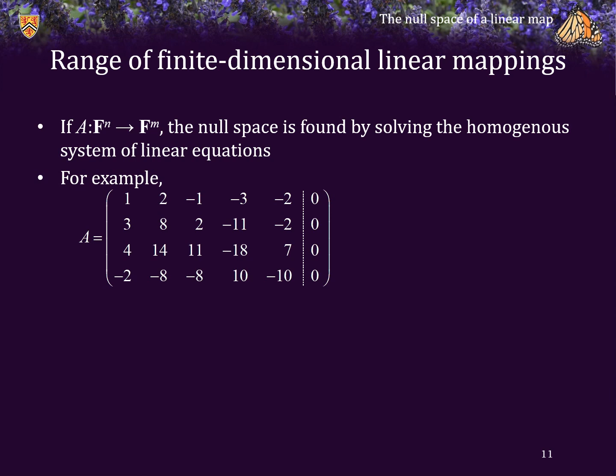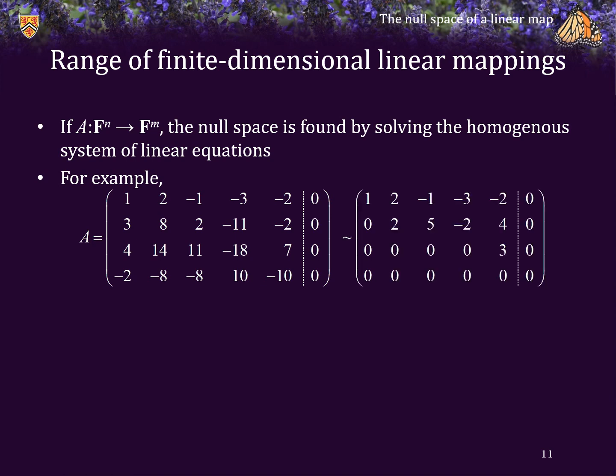However, now we're solving the corresponding homogeneous system of linear equations. We're not going to worry about partial pivoting here. So if we just apply row operations and get the matrix in row echelon form, we get the following matrix here. So this matrix tells us that 3 times x5 is equal to 0, so x5 is equal to 0.